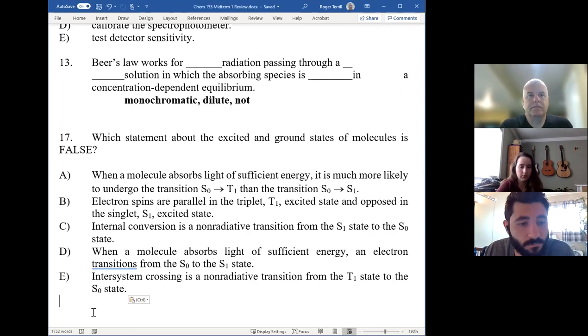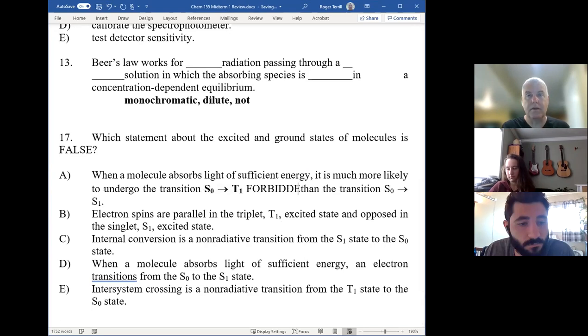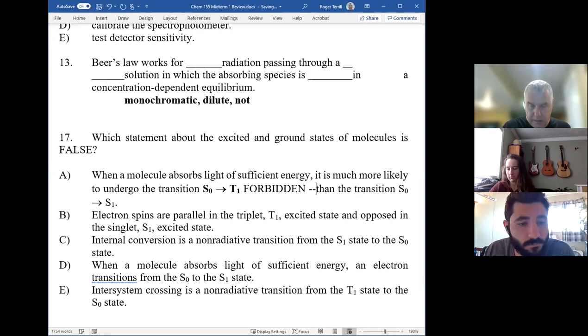When a molecule absorbs light of sufficient energy, it is more likely to undergo S to T than S to S. So this is super easy, guys, because S to T is forbidden, right? So it's weak.